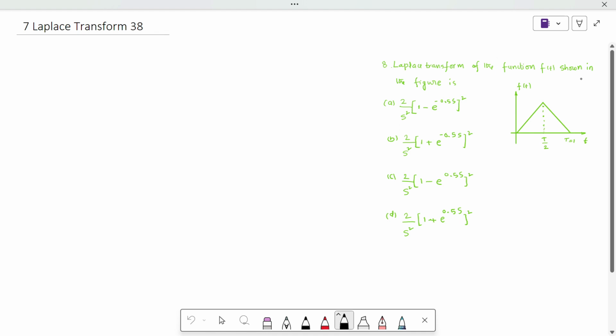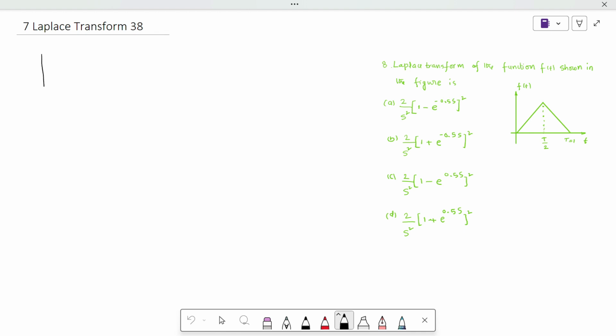Now, the Laplace transform of the function f of t shown in the figure. This is a triangular waveform, and we need to find the Laplace transform for this triangle. I know that the convolution of rectangular pulses gives a triangular waveform.